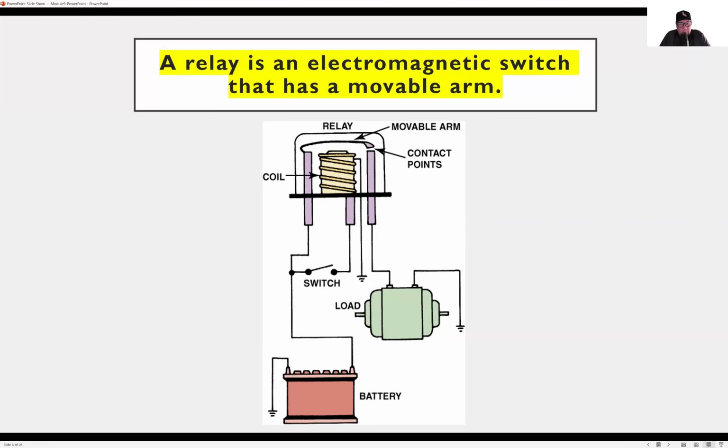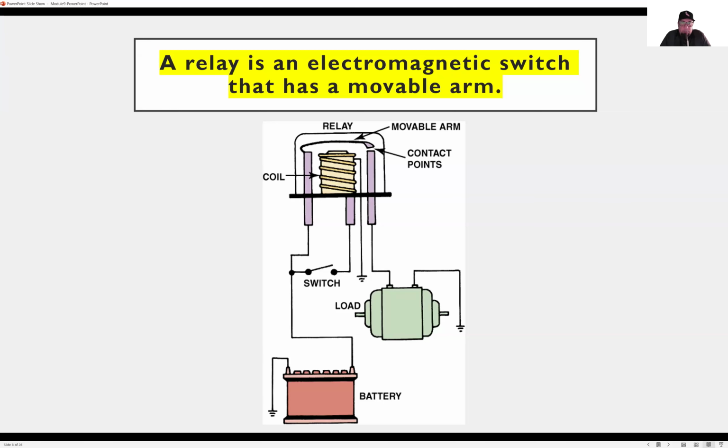Could we wire them directly to the battery and use a switch and a ground and wire it directly to the high amperage motor? Yes, we could, but the size of the wire would be very, very big. We'd probably have to use a gauge somewhere between 4 and 8, maybe 10. The thicker the wiring, yes, it can handle the extra amperage, but the issue is it's going to cost a lot more.